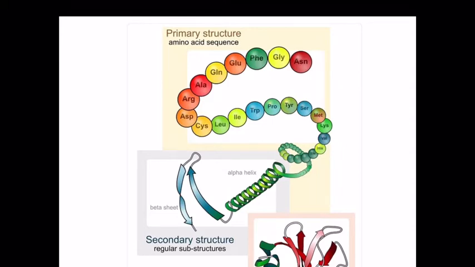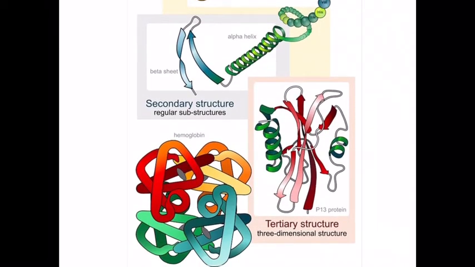But there's more. The next thing we have is called the tertiary structure. The tertiary structure is where the different coils, the alpha helixes and the beta sheets, begin to interact with each other. There are folds and twists and turns where perhaps part of the alpha helix will be attracted to part of the beta sheet, and that will hold them in relationship to each other.